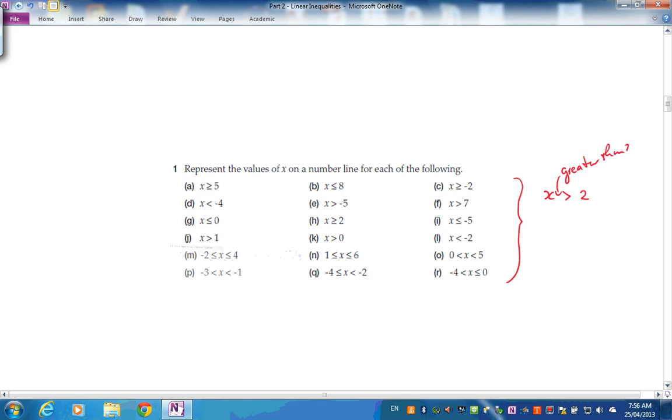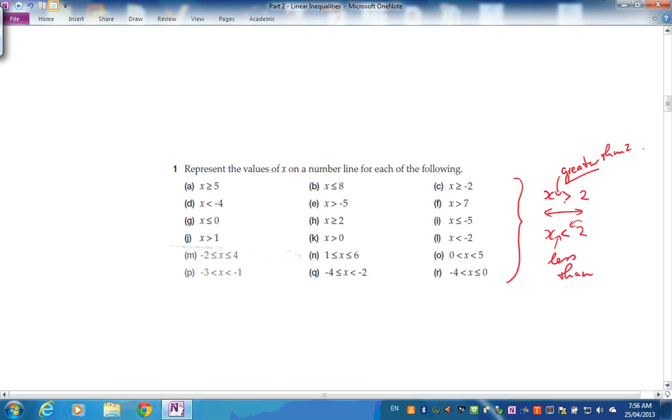And if x is on the narrow side, it's less than 2. But you can read it the other way. You can say that 2 is on the fat side, so 2 is greater than x. You can read it backwards and forwards.